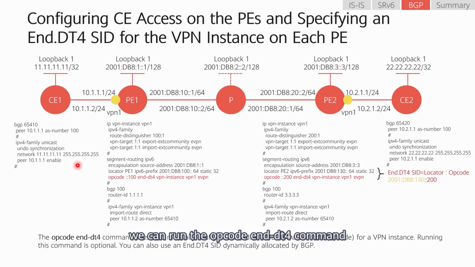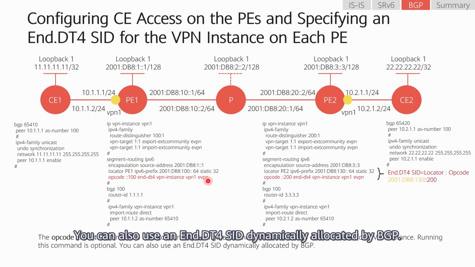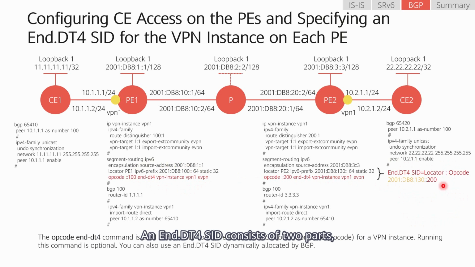After that, we can run the opcode End.DT4 command to configure an End.DT4 SID for the specified VPN instance. This operation is optional. You can also use an End.DT4 SID dynamically allocated by BGP. An End.DT4 SID consists of two parts, that is, locator and opcode, which together form a SID in the IPv6 address format.